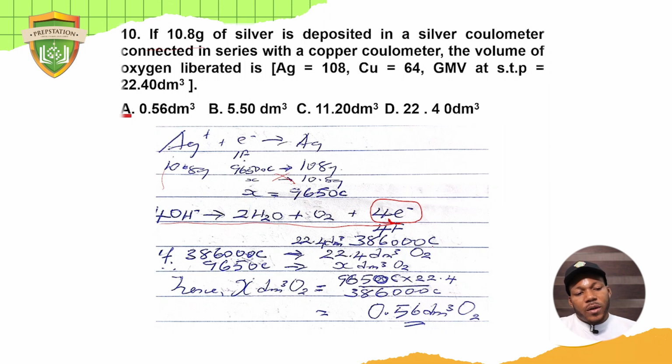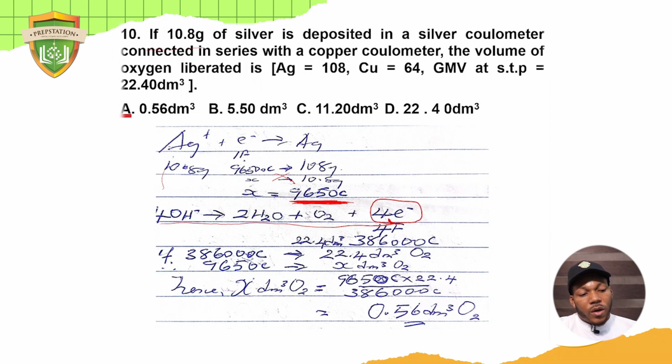So now, if 386,000 coulombs can give us 22.4 dm cube, then what will the coulombs gotten from the first answer give us? Don't forget how we go about these things. So therefore, 9650 will give us what? You cross multiply.